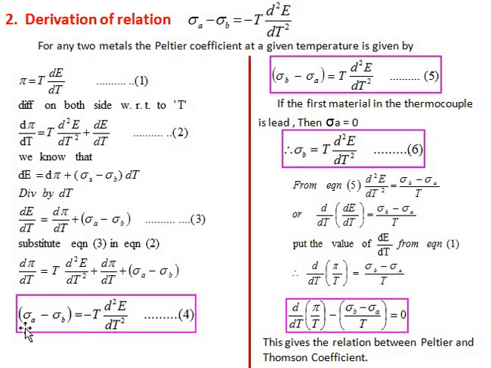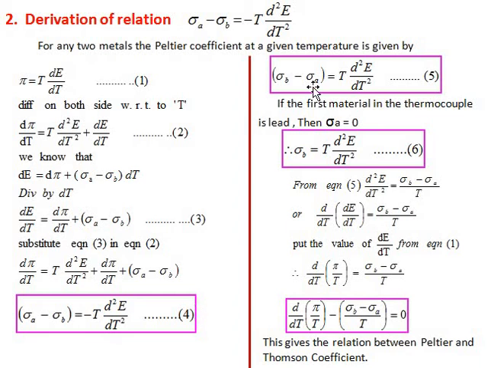So here sigma A minus sigma B is equal to minus T into d square E by dt square. That is the relation we have to derive. Call this equation number 4.